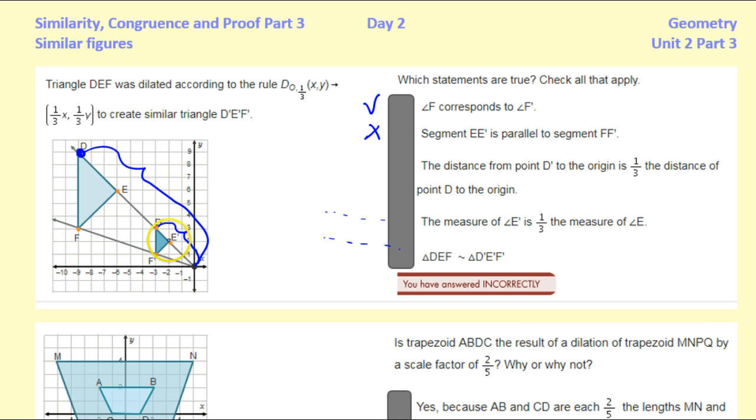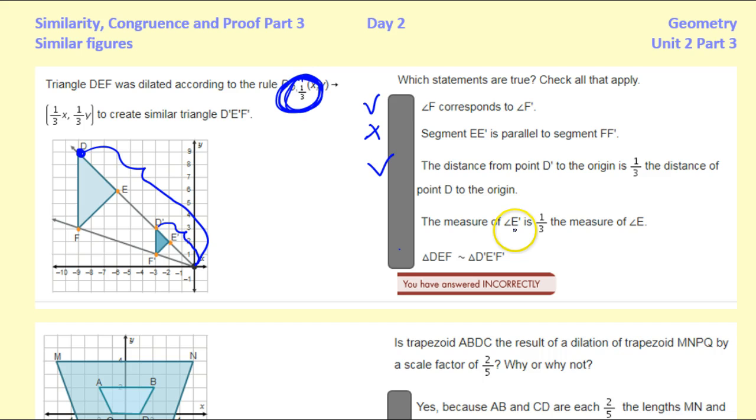So D prime is 1/3 of the distance of the original point D. That's what this 1/3 means. That's definitely true. See this whole giant distance? And then D prime is 1/3 of that distance. We knew that because of the scale factor. Alright, let's look at the next one.